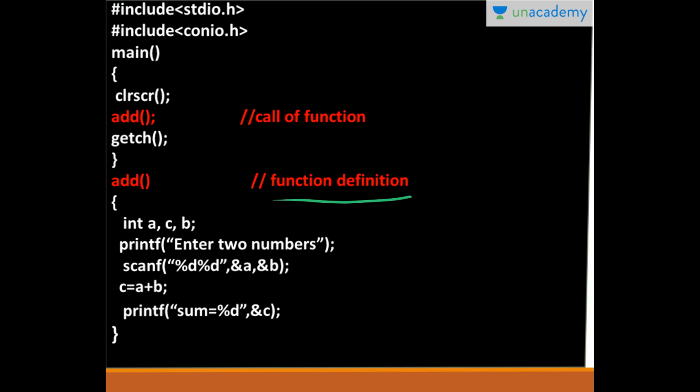First, control will execute the first line of the main function, clrscr, then it will go to the add function and execute its first line, then the printf, then scanf, then c is equal to a plus b, then printf c. Then after finishing this job, it will again go to getch, and this program will be done.